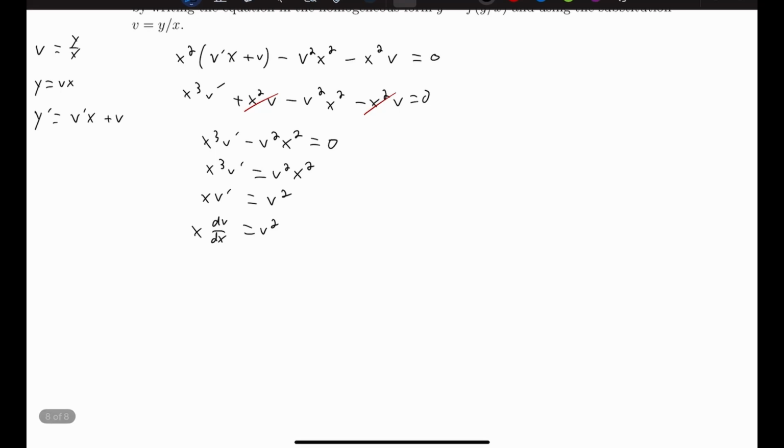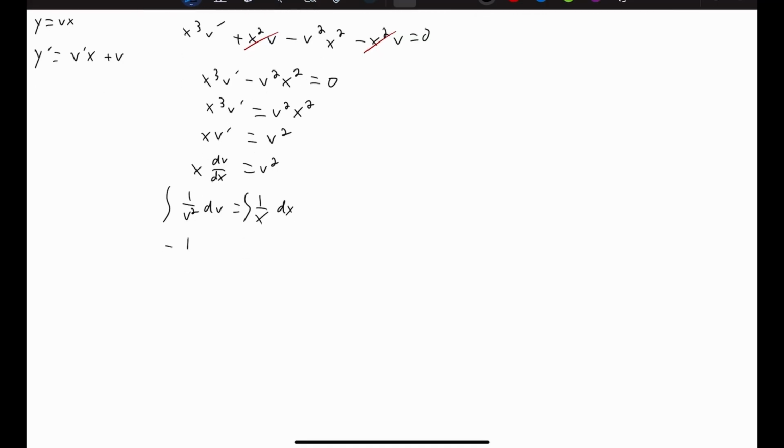Now you can see that we can pretty easily separate variables here. This will become a 1 over v squared dv equals 1 over x dx. Go ahead and integrate both sides now. We'll end up with negative 1 over v is equal to ln x plus a constant.